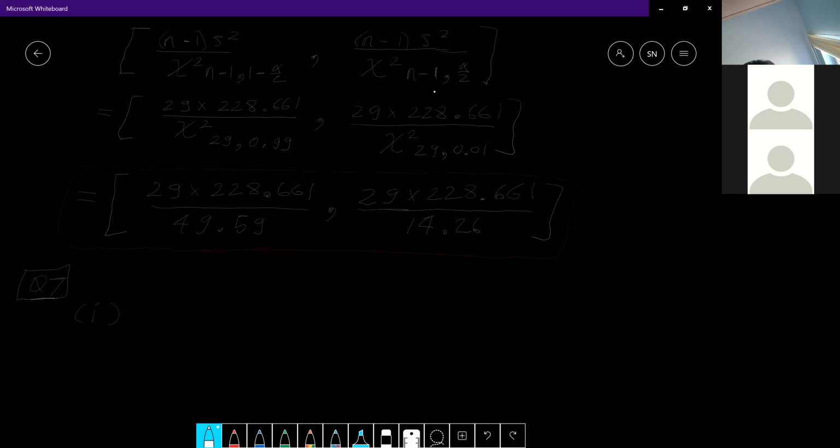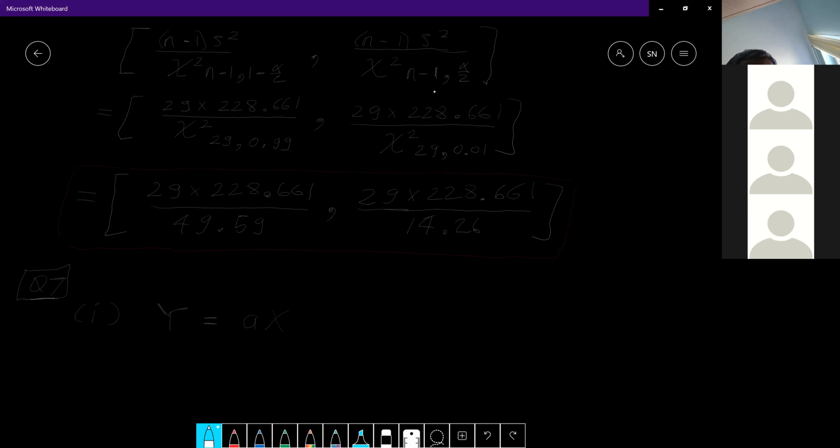All right. The first part is to show the assertion about the mean and the variance. You're told that y is equal to ax plus b, right?